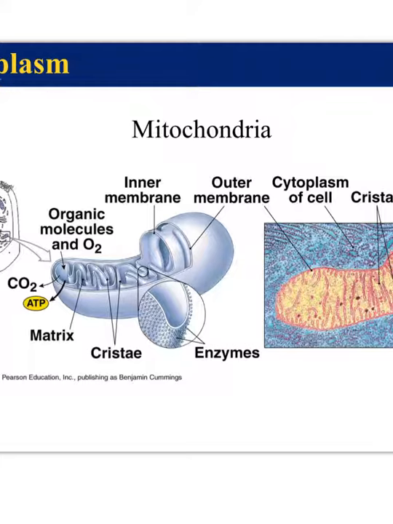Here's a slightly better picture of the mitochondria than the one that I drew. You can see that the inner membrane, or the cristae, are studded with enzymes to make those chemical reactions happen quickly, and the inputs to the mitochondria are organic molecules such as sugar and protein and lipid, as well as oxygen, and the outputs are CO2 and ATP.